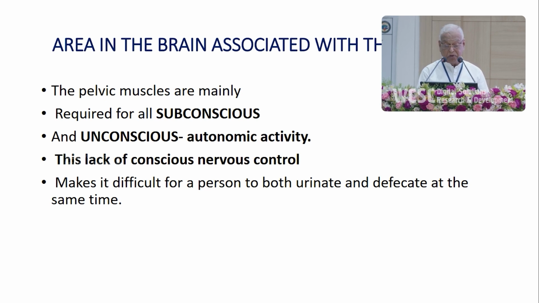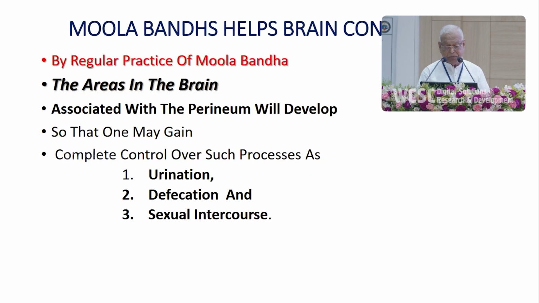This lack of conscious nerve control makes it difficult for us to urinate and defecate at the same time. They come separately. So what Mulabandha helps here is, by regular practice of Mulabandha, the areas in the brain associated with the perineum will develop.